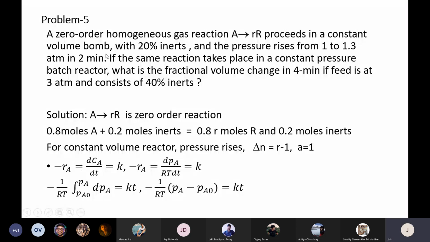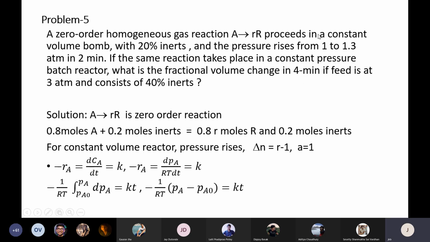So the first part of this problem is kinetic analysis. The second part is reactor design. So using the first part of the problem, you can find out the rate constant. The next part, if the same reaction takes place in a constant pressure batch reactor, what is the fractional volume change in 4 minutes?